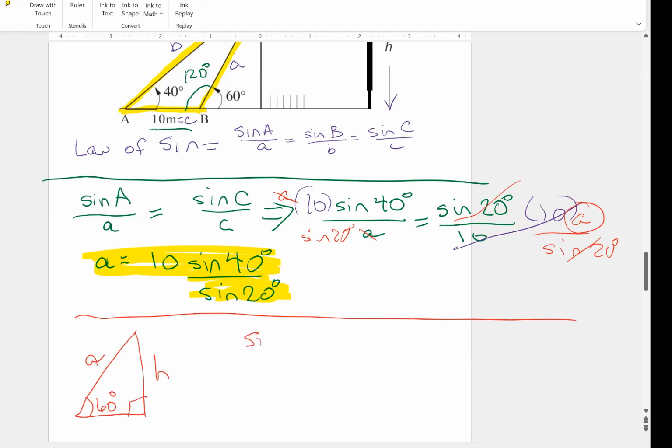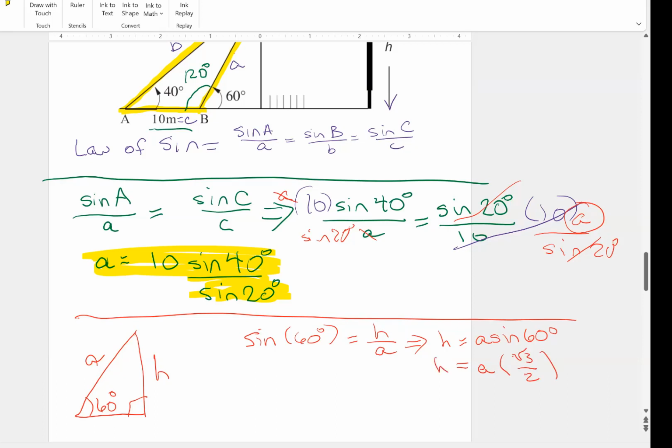So the sine of 60 degrees is equal to the opposite over the hypotenuse. Yes? Yes. So H is equal to A sine of 60 degrees. Well, we know what the sine of 60 degrees is, don't we? Radical 3/2. Yep. Square root of 3/2.